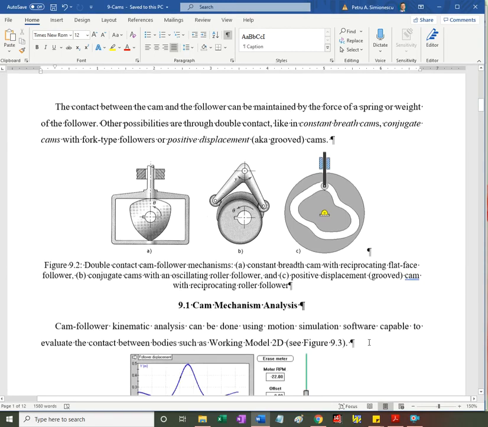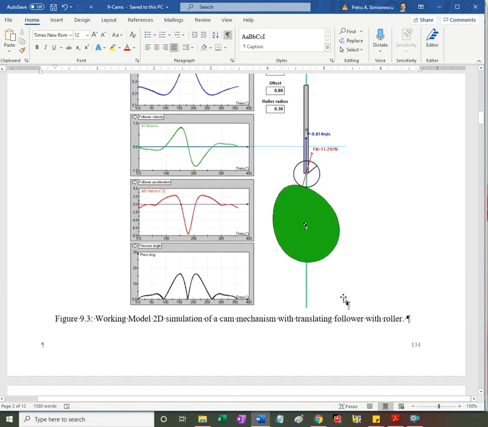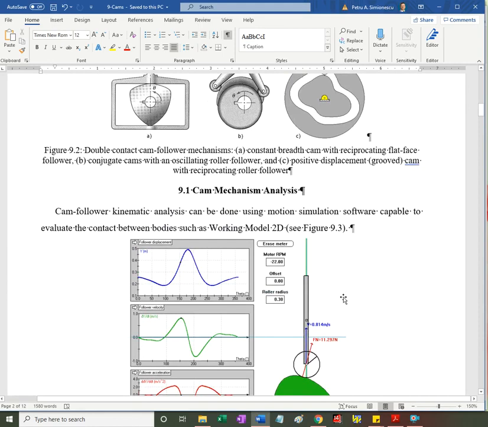These are conjugate cams. You'll see that cam analysis is actually the difficult part. Synthesizing cam profiles based on the desired follower motion is systematic, and it's something that we'll do.